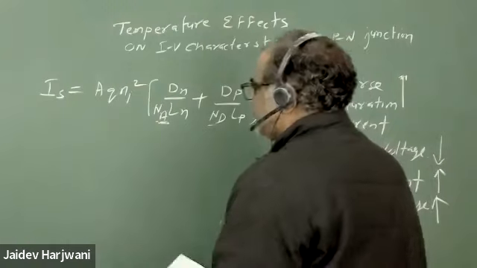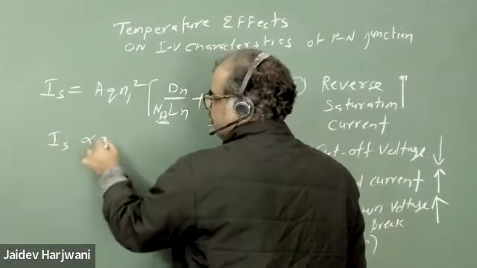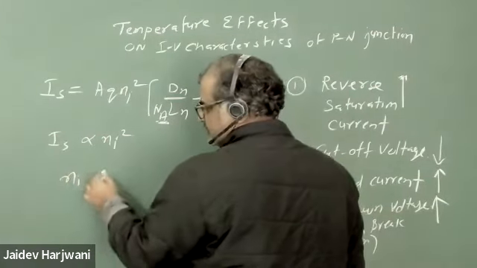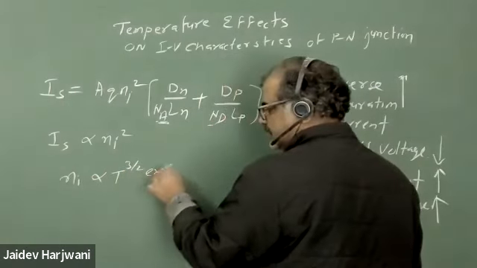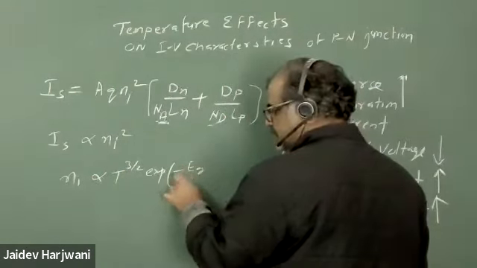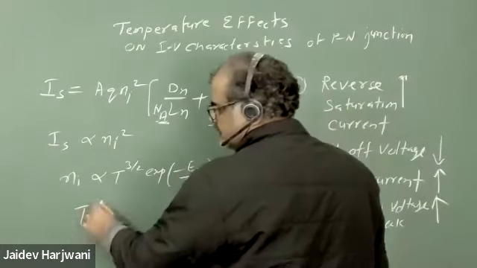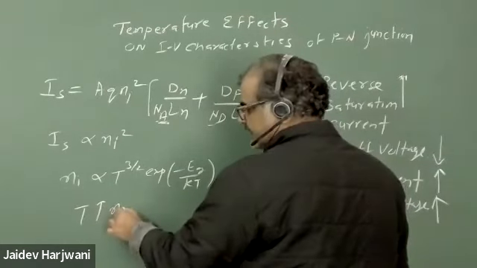So IS, the reverse saturation current, basically depends on your intrinsic carrier concentration, and we know the intrinsic carrier concentration itself is a function of temperature. As temperature increases, my ni increases.